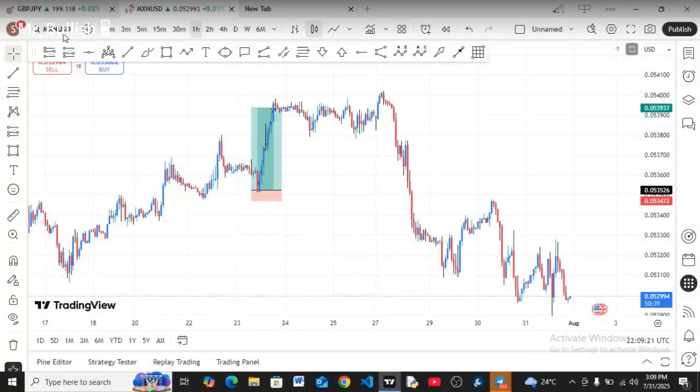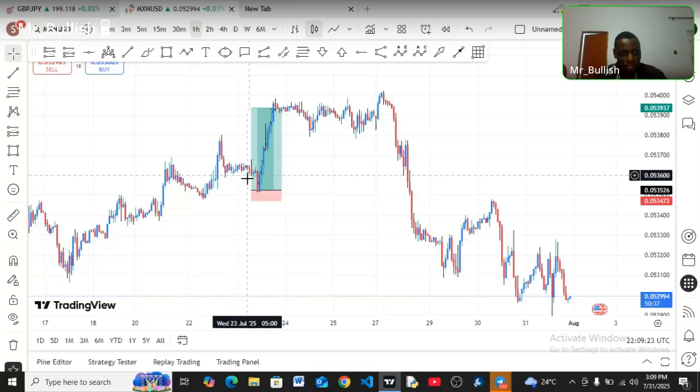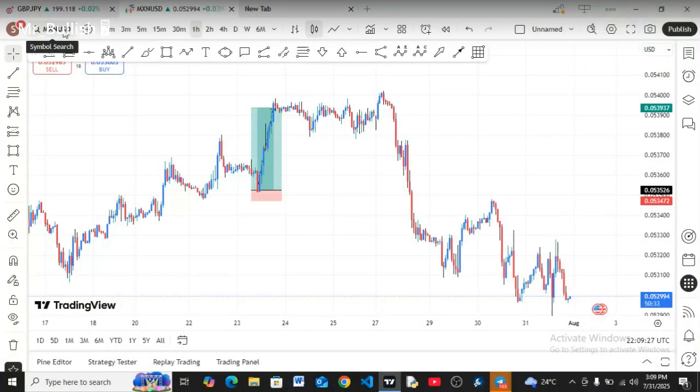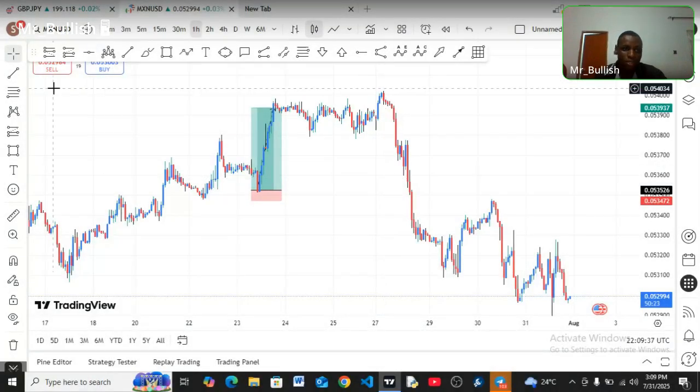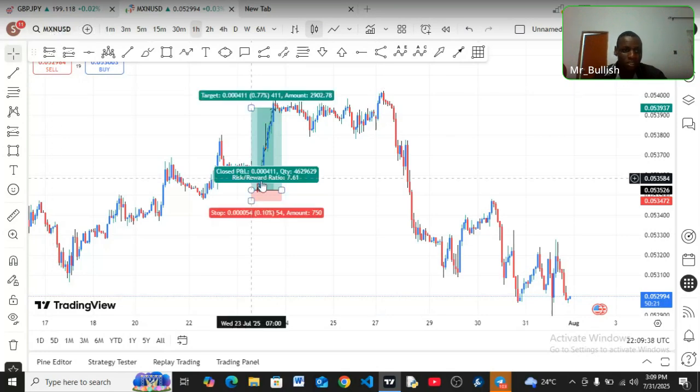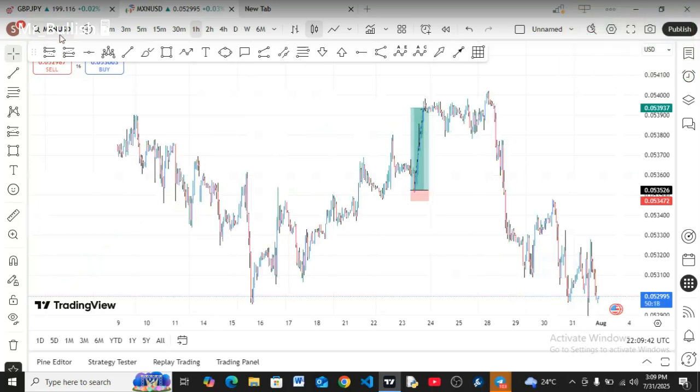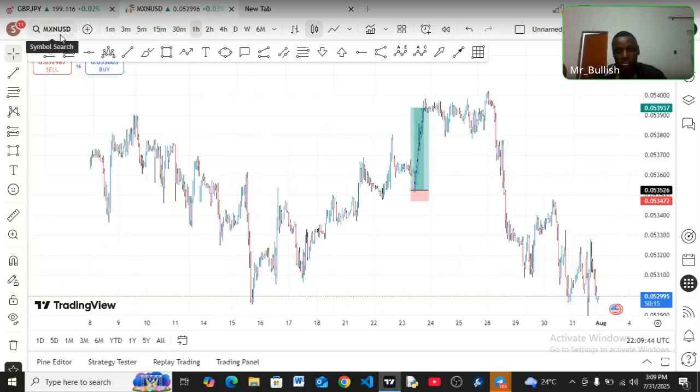Whenever you see the market going up, you know the first currency in your currency pair is what's pushing up. And if the market is going down, you know the second one is what's getting the power. So let me use this currency pair right now: we have MXN as the bullish and US dollar as the bearish, right?